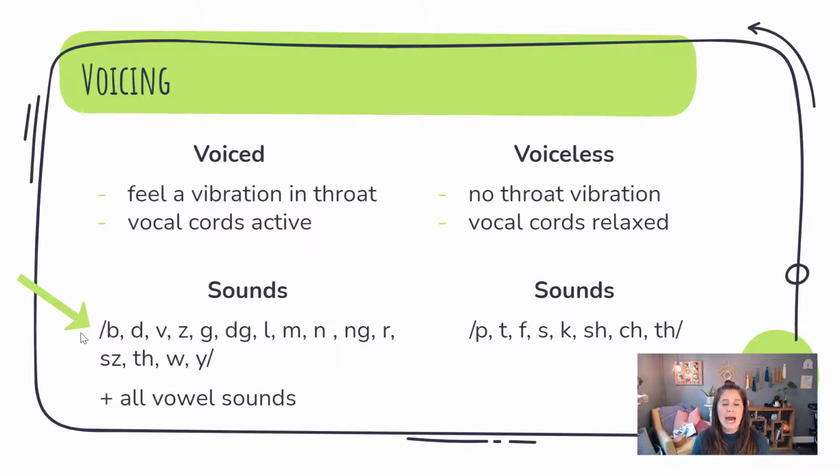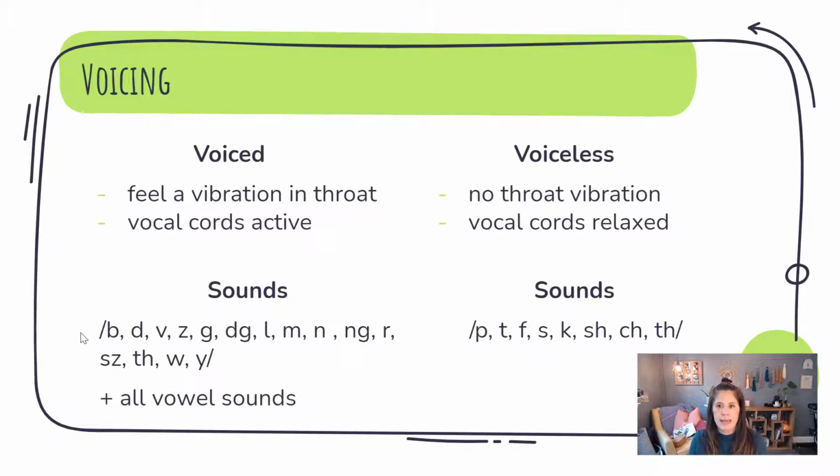Notice that I didn't say D, D. I said D, D, right? That's practicing the sounds in isolation. English has a lot of voiced sounds. All languages have both voiced and voiceless sounds.